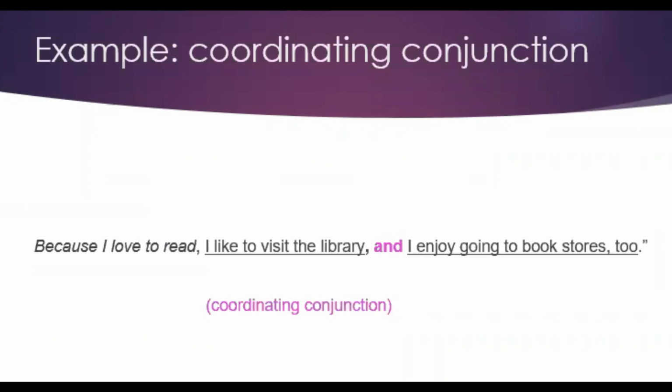I did not give a definition for coordinating conjunction here because we did this before. So, "because I love to read, I like to visit the library, and I enjoy going to bookstores too."